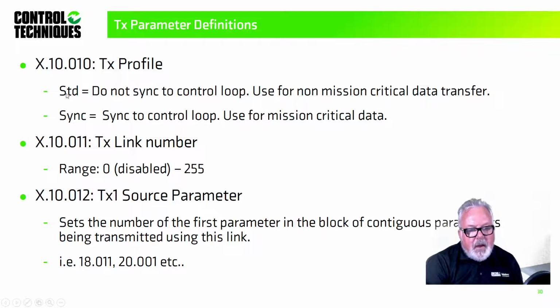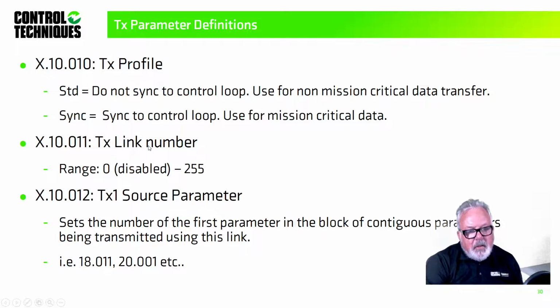Here's where you decide whether that's a standard message or a synchronized message. So back in the beginning of the presentation, I said there's 3 message types: cyclic synchronized, cyclic non-synchronized. So parameter 10 in menu 10 will make that determination. If it's not mission critical, well, make it a standard link. If it is mission critical, make it a sync link.